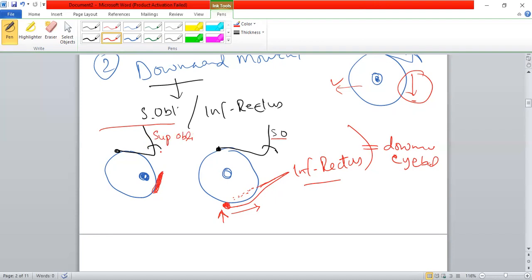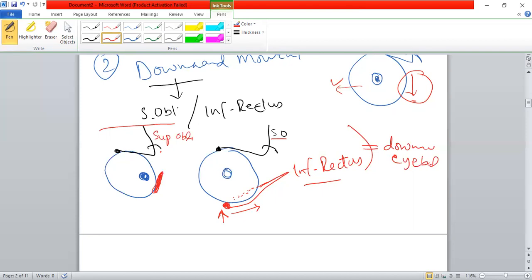okay. So if your supervisor asks you how to diagnose this patient's trochlear nerve palsy on the basis of his downward movement, what will you answer? You will say, okay, there is one solution. I can diagnose this patient on the basis of his eyeball downward movement.